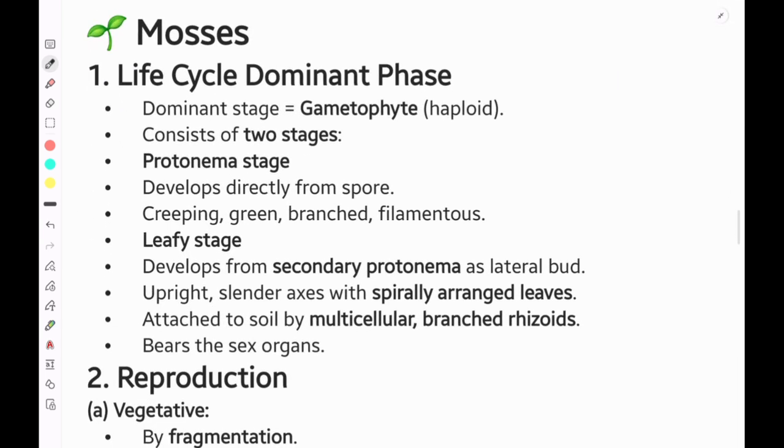Now, if we talk about the second one, the mosses, in mosses also the dominant phase is the gametophyte or haploid. It contains two stages, protonema and leafy stage. Protonema is basically the initial stage when the spore germinates.